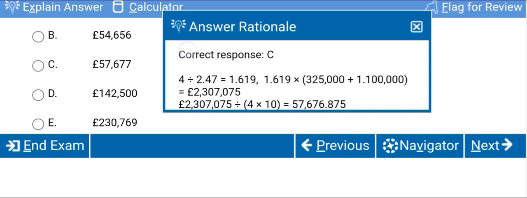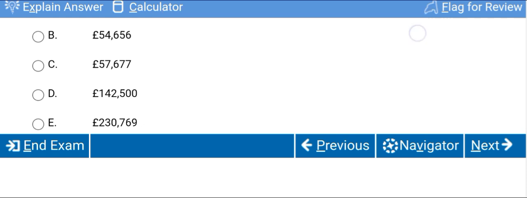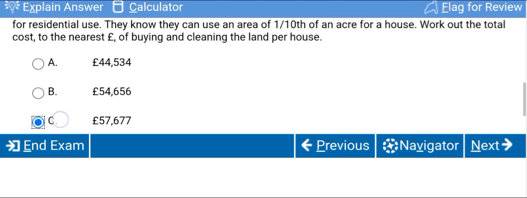Divided this by 4 multiplied by 10 equals, we have 57,676.875. So we have the correct response is option C.